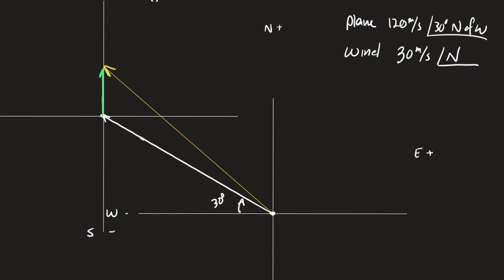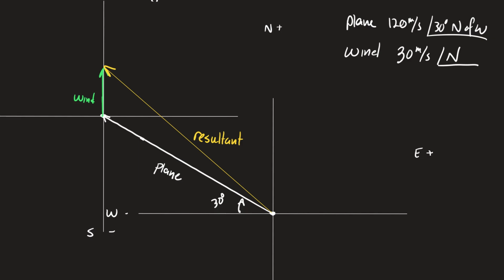So the white arrow is the plane's airspeed. The green arrow is the wind, but the yellow arrow is the resultant. The word resultant just means the sum of the other vectors. We good so far?